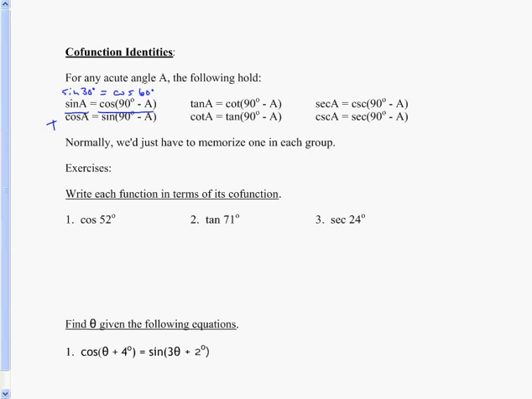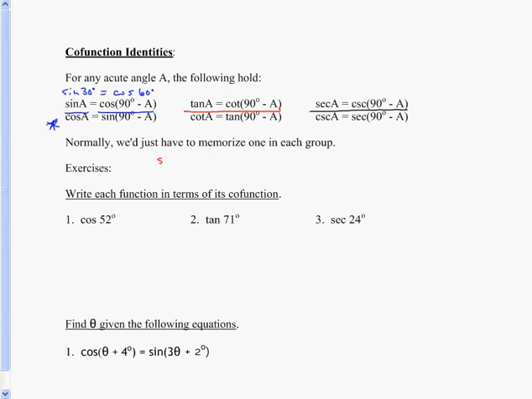Now this is just saying the same thing, just in reverse. Also, tangent is cofunction with cotangent and secant is cofunction with cosecant. You just have to memorize the one in each group, because the second one in the list is just the inverse of it. You can get there.